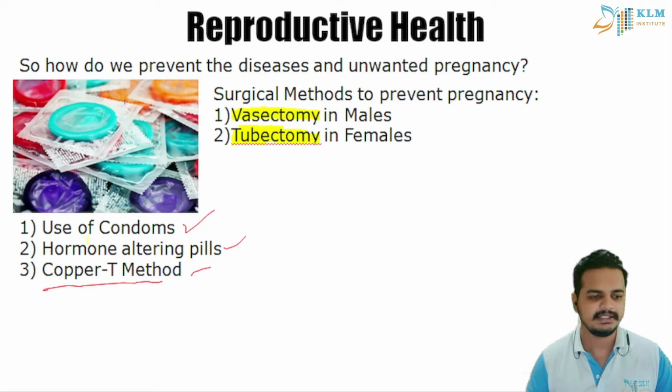The use of condoms and hormone altering pills is effective but not 100%. There are some cases where people still get pregnant using these methods, but tubectomy and vasectomy are foolproof methods that you won't have kids.